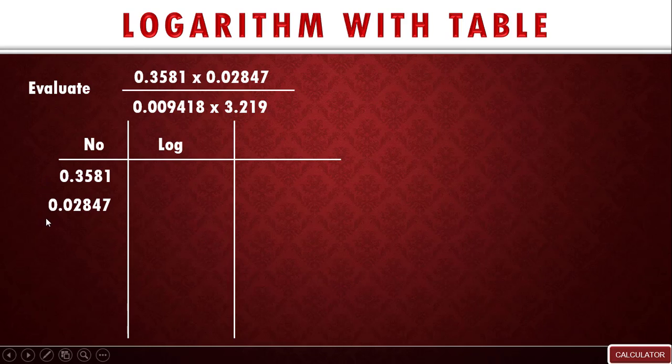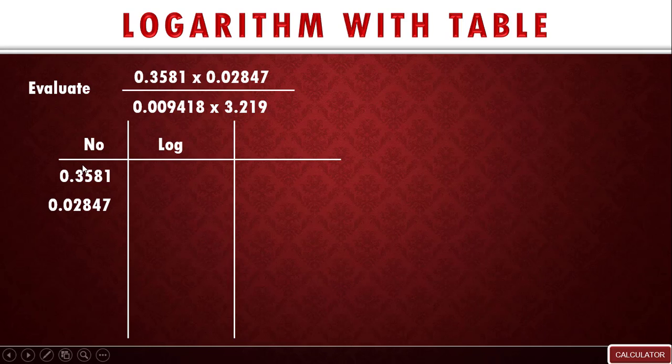So we cannot punch in the number, maybe like pressing log 0.3581. If we press it directly like that, it's going to give us a wrong answer. So if you're using a calculator, we only make use of a workaround. But first and foremost, let's determine our characteristic. The characteristic of this one, we can get it using our reference position.